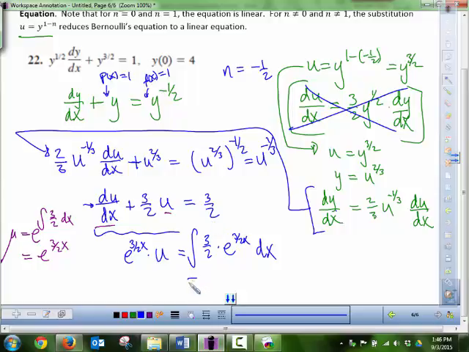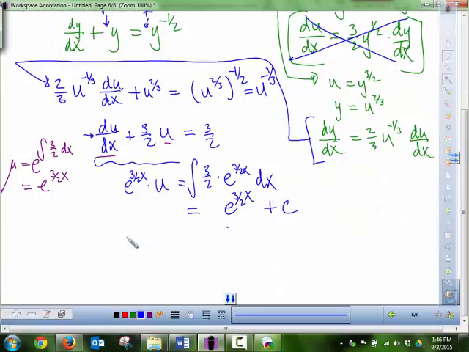All right, this is easy enough. The antiderivative of e to the 3/2 x is e to the 3/2 x divided by 3/2. That would cancel the 3/2 over here. And then I throw in a plus c. So I get u is equal to, it looks like the 3/2 would cancel here, right?